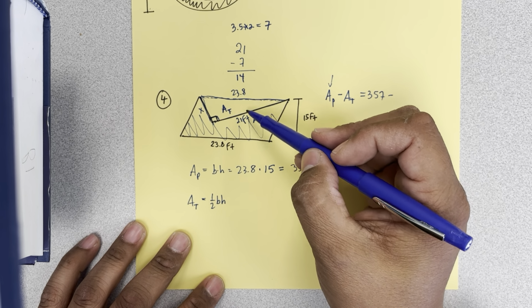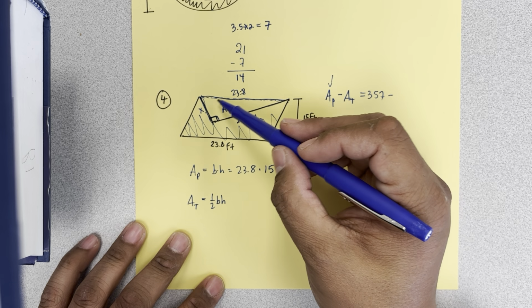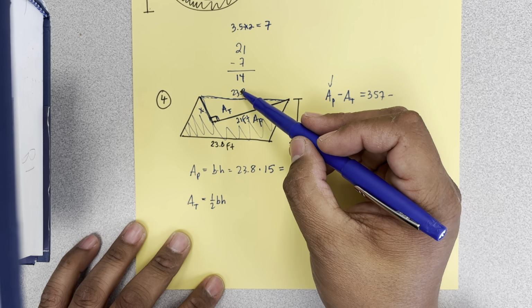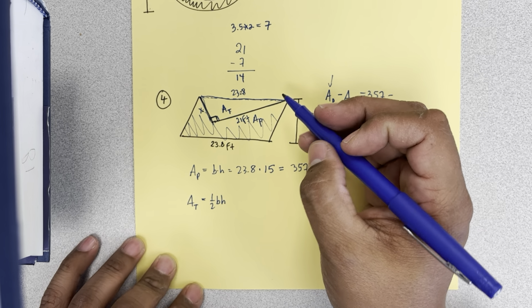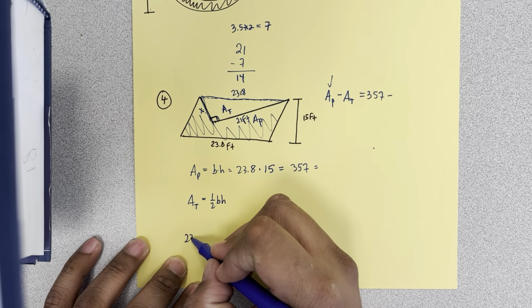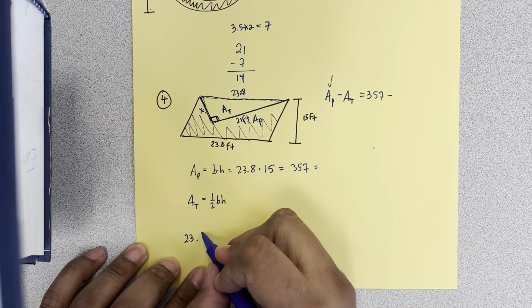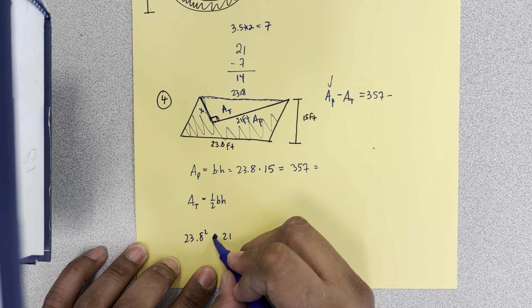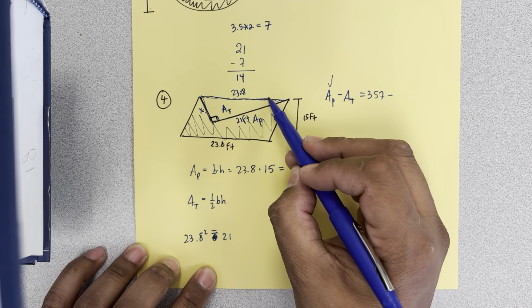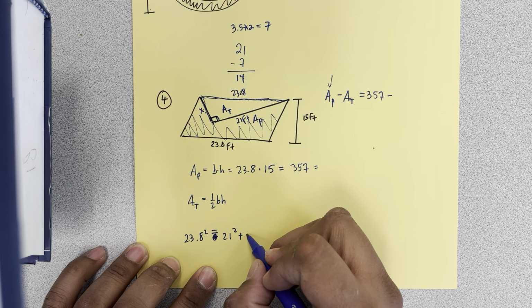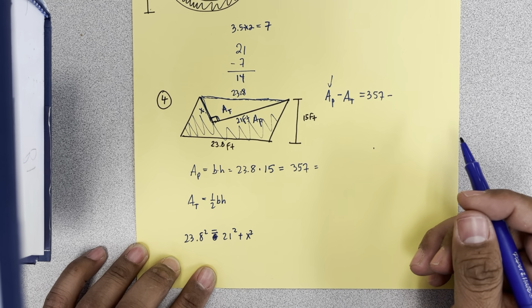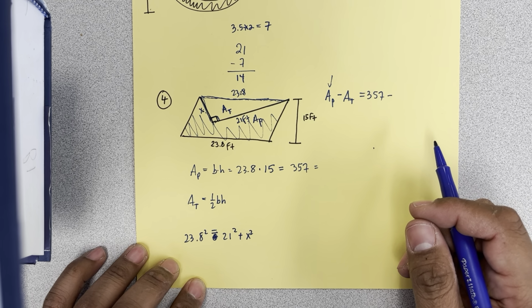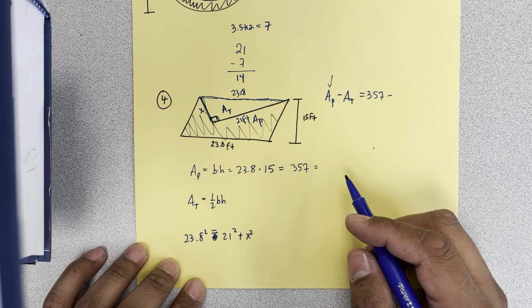So what we can use is the Pythagorean theorem to help us figure out what X is by using these two numbers. Okay, so a side note, we're going to say 23.8 squared equals, because this is the hypotenuse, 21 squared plus X squared. When we solve for X, we should end up getting this portion here, okay?